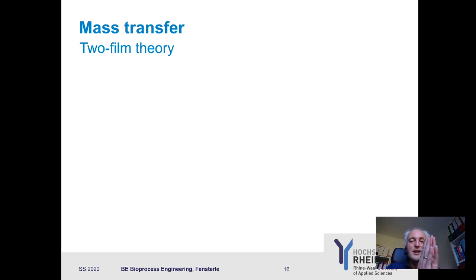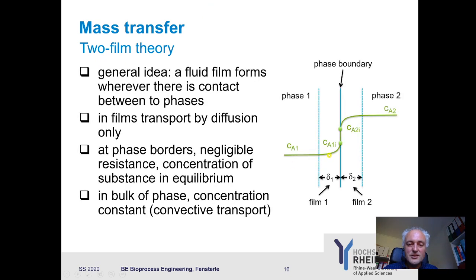So I consider the system as completely stirred with an even distribution of the concentration, but at the phase border I will have a certain film, and there I don't have convective mass transfer, I will have diffusion. And as I have no convection, there will be a concentration gradient. So I will have here the mass transfer from phase 2 to phase 1, by the way, if I depict it like that.